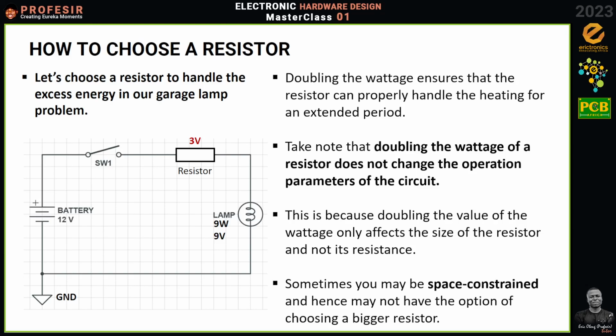Because like I said, if I end up using 6 watts instead of the 3 watts, my circuit parameters will not be affected. But if later somebody sees my circuit and says, okay, this is a 6 watt resistor, so if it is dropping a voltage of 3 volts, then let me calculate the value of the resistor, you are going to get a wrong value for that.